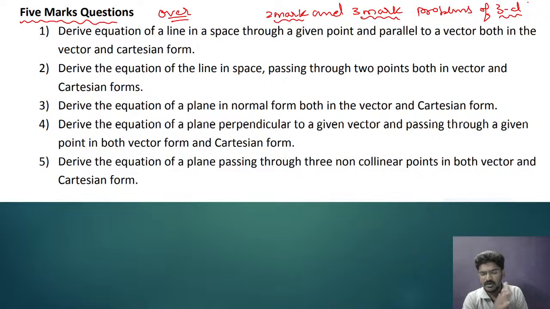So quickly tell me, all of you, which is better, in the evening or in the morning? One says evening, another says morning, another one says anytime. Okay. So I will try to take the class in the evening only, so that all of you will be free and you can attend the class.